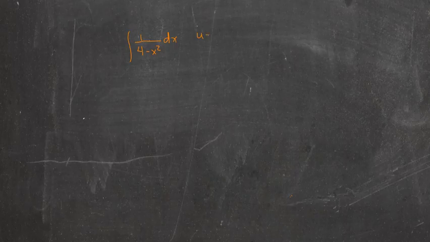So if I do the substitution, u equals 4 minus x squared, then du is negative 2x dx. Solving for dx, I get du over negative 2x equals dx.